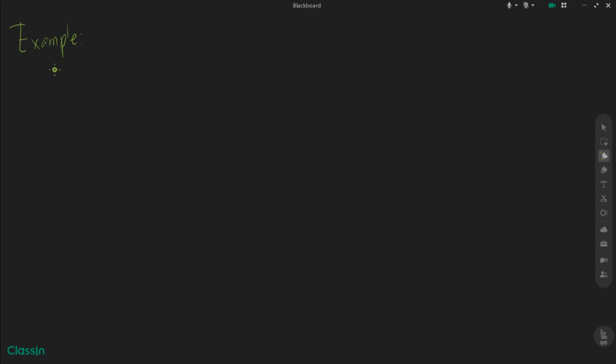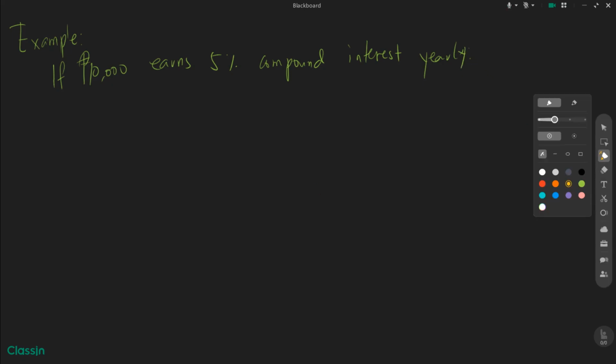Example. Okay, so let's have here, if 10,000 pesos earns 5% compound interest yearly, what are we going to do?